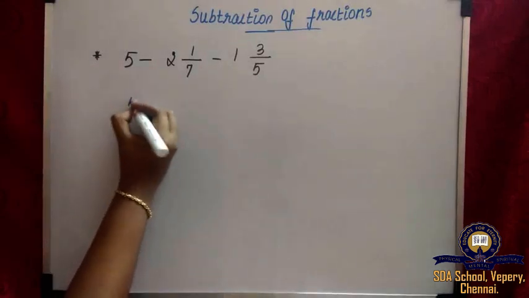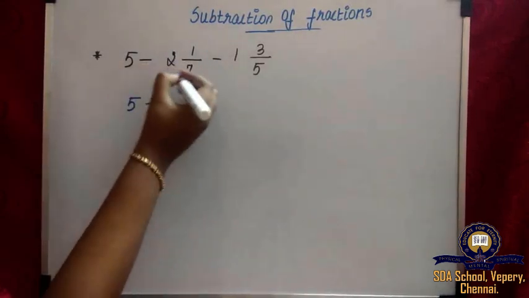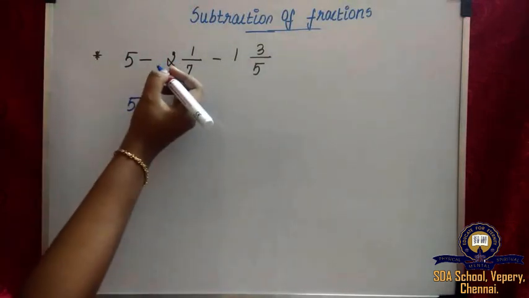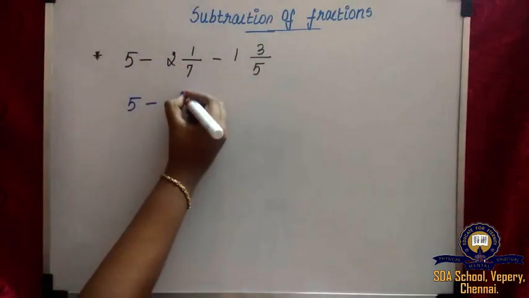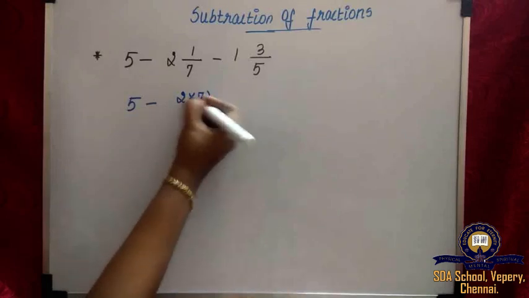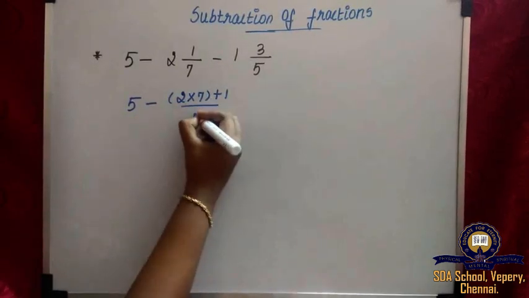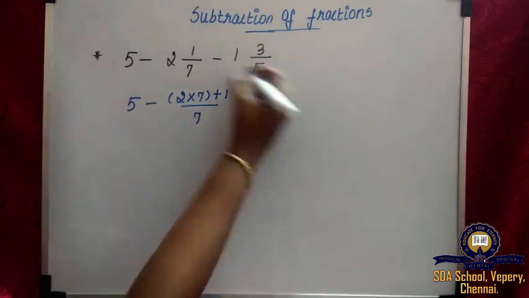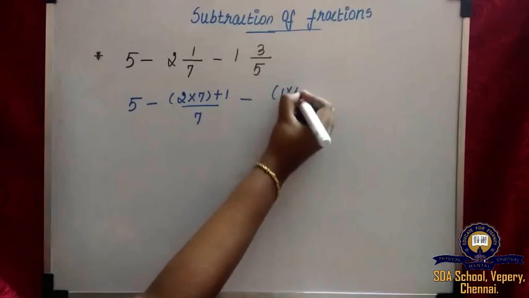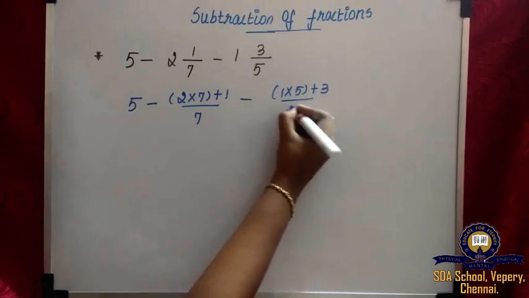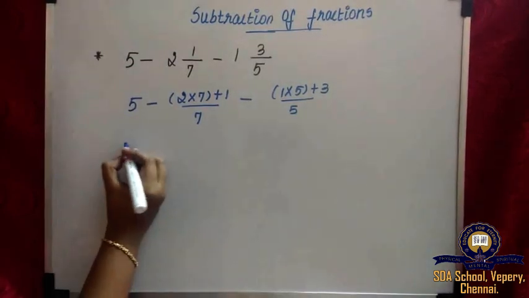So it is 5 minus, let us convert this mixed fraction into improper fraction. So it is 2 into 7 plus 1 by 7 minus 1 into 5 plus 3 by 5.